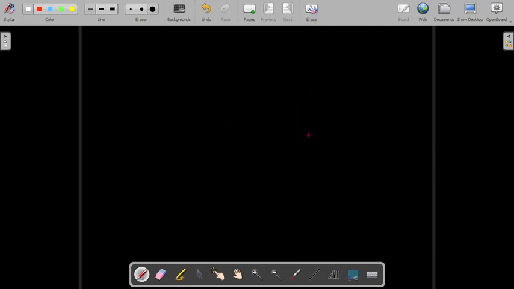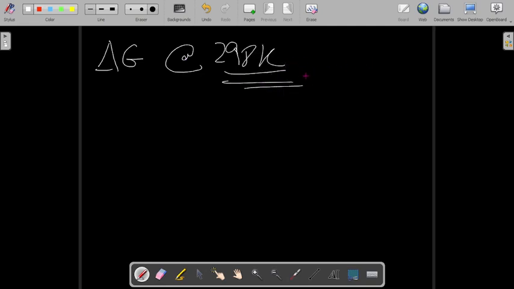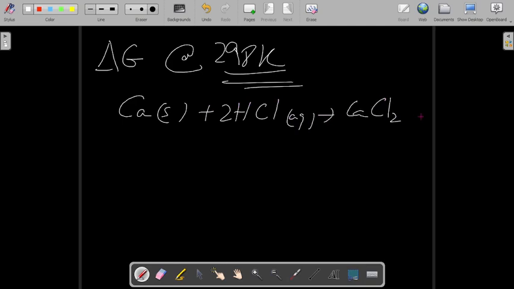Now, the last section here says, what is the change in Gibbs free energy for the following reaction at 298 Kelvin? Remember that these are standard conditions. They give it to you. The reaction, this is a solid plus 2 HCl equals, and that just means that we're going to be able to use the table.